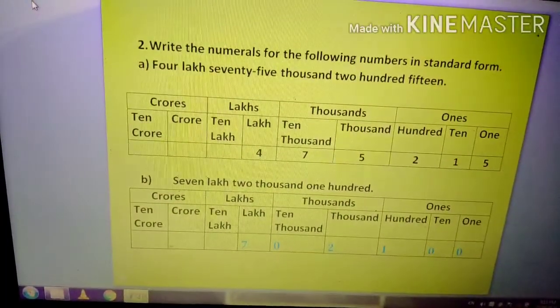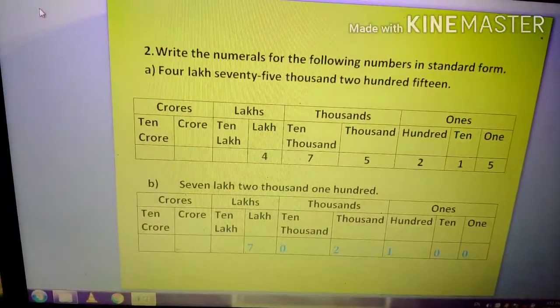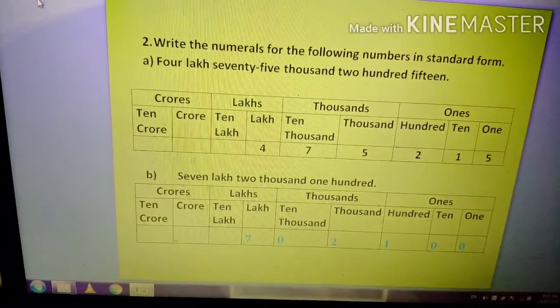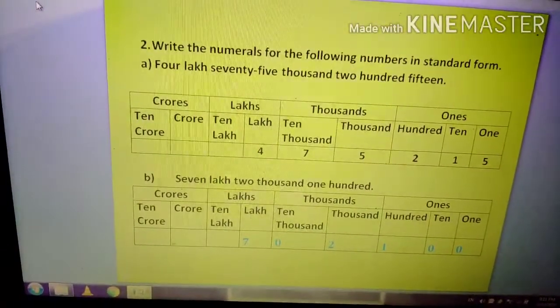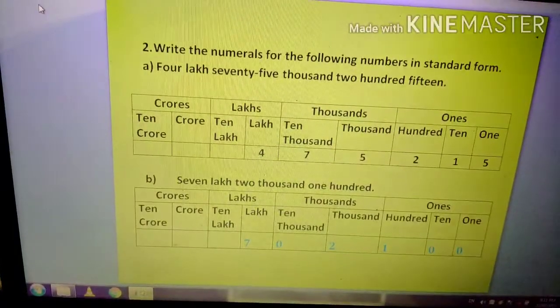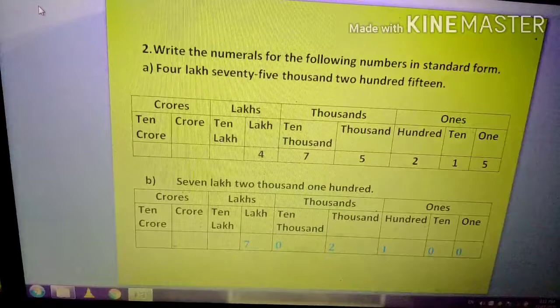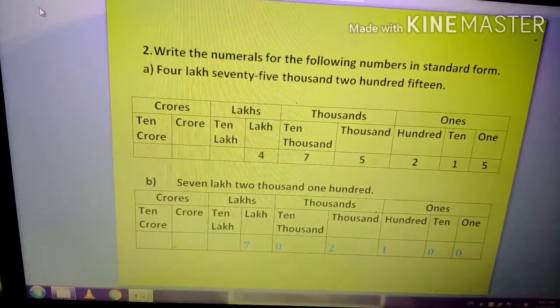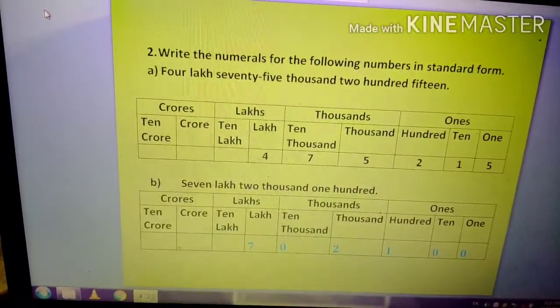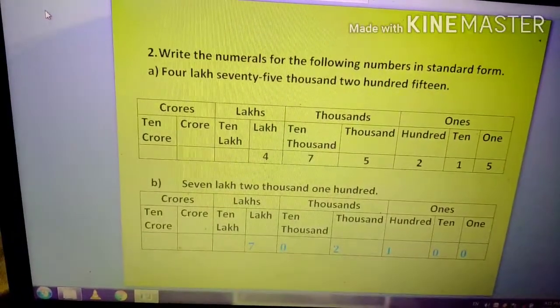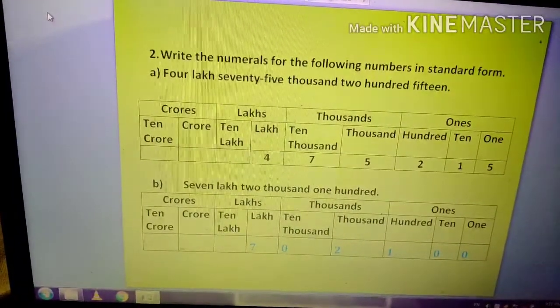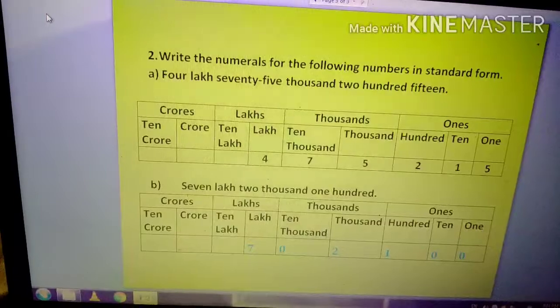Question B, 7,02,100. Firstly, we draw a place value chart. Okay, then we put the numbers. 7 lakh means put 7 in lakh place, in lakh period.